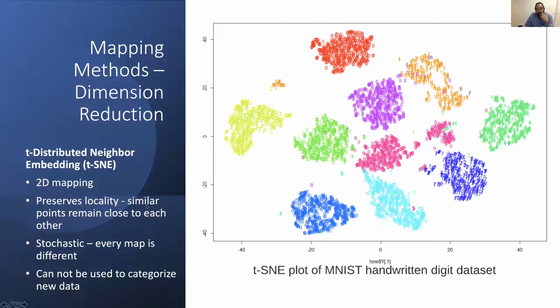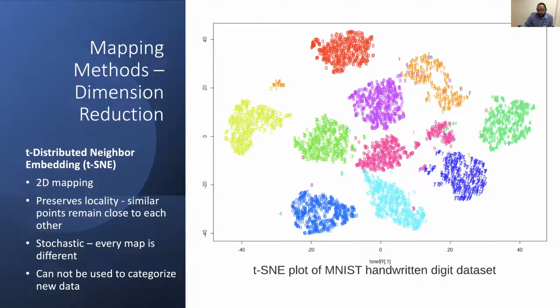In other words, when two images look the same, they'll tend to be close together on this mapping. And when they look different, they'll tend to be pushed apart. So t-SNE is a way to find these patterns in your data, I think in a very powerful way.